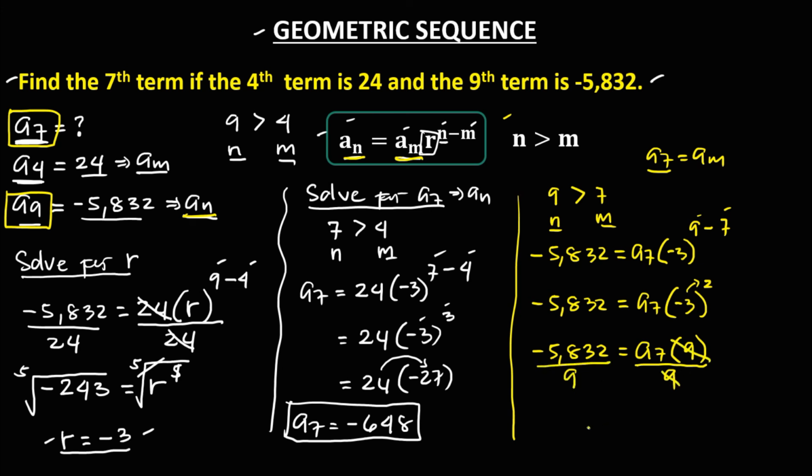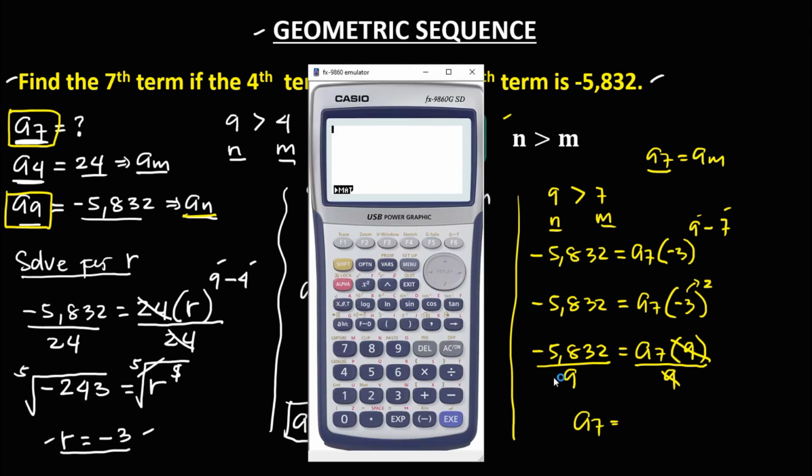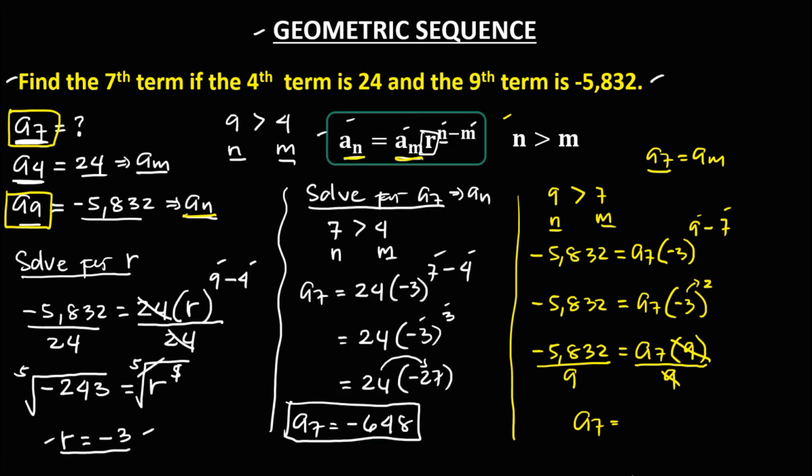Therefore, the seventh term is negative 5,832 divided by 9, that's negative 648. So the seventh term is equal to negative 648. We have the same answer.